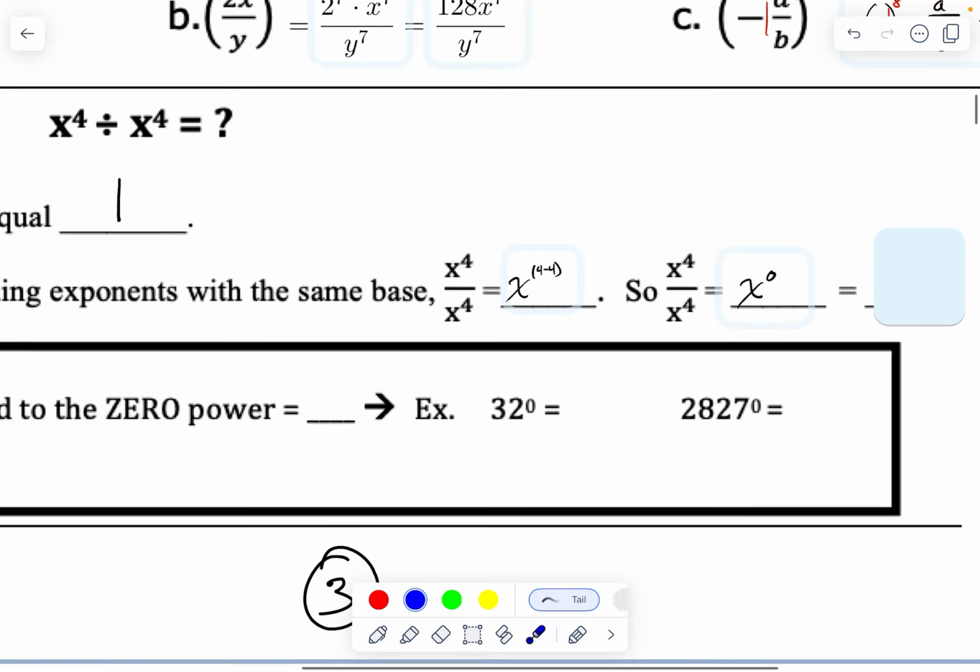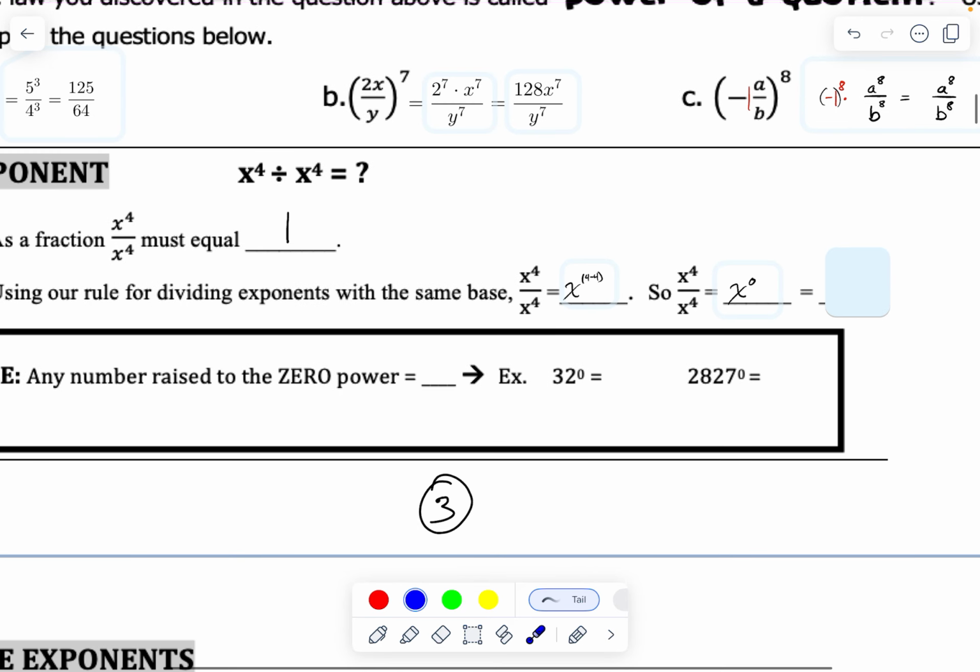So which is it? Is x to the 4th divided by x to the 4th 1, or is it x to the 0?